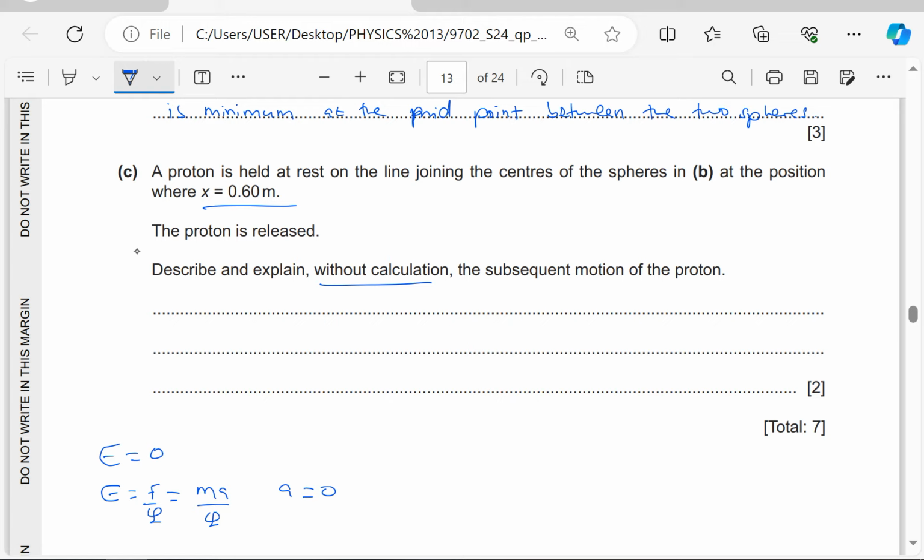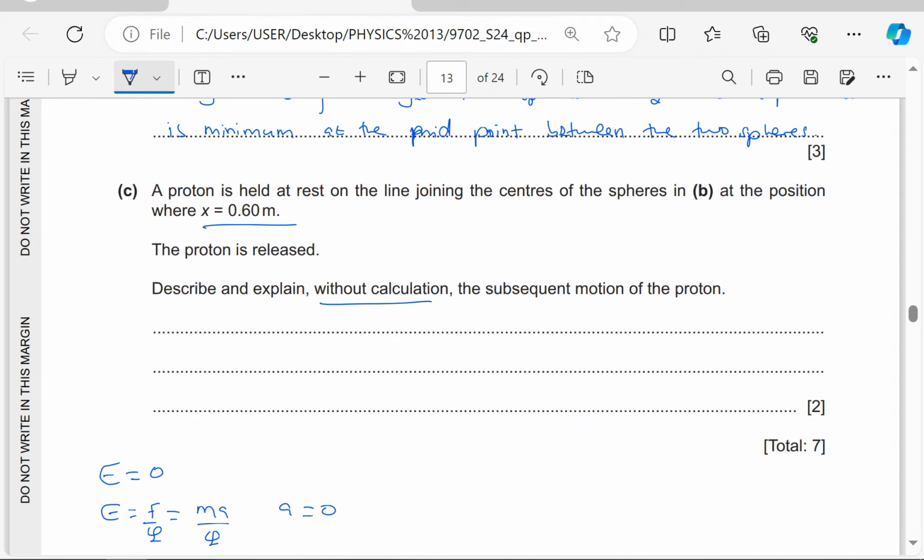So I'll simply say at x equals 0.60 meters, the potential energy of the proton is already minimum. It can't go below that.